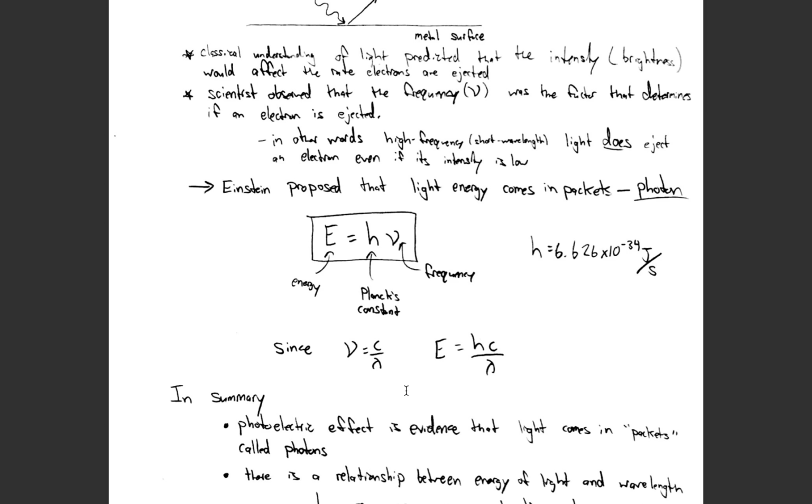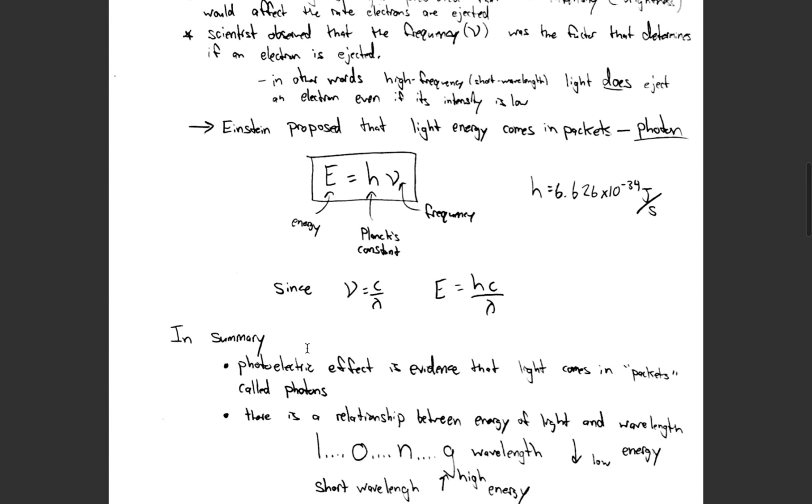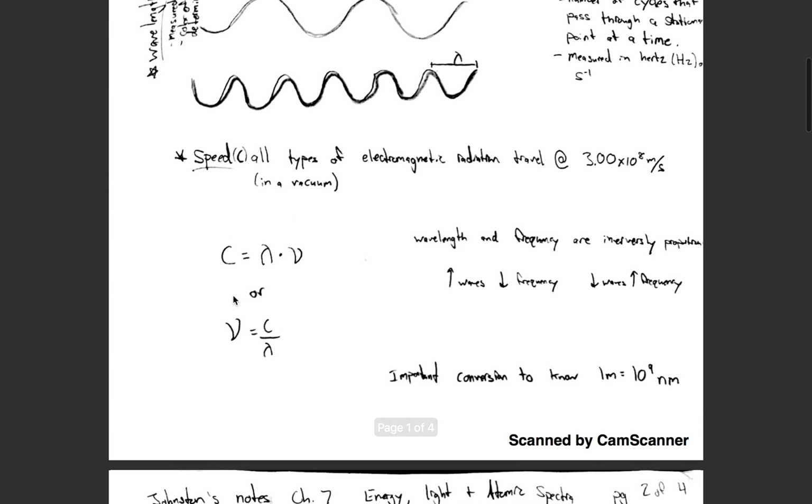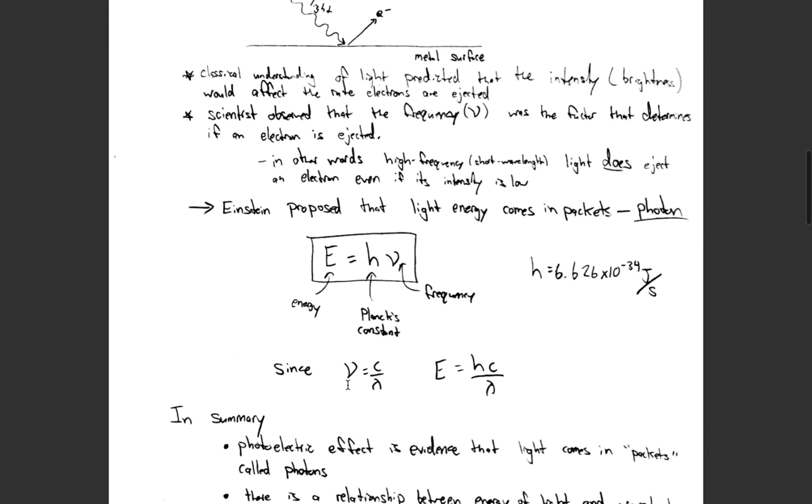And that's multiplied by frequency. And this is important because this gives us a relationship ultimately between the wavelength of light and the amount of energy that it has. So if you recall back, we rearranged our original equation for light so that we were solving for wavelength.